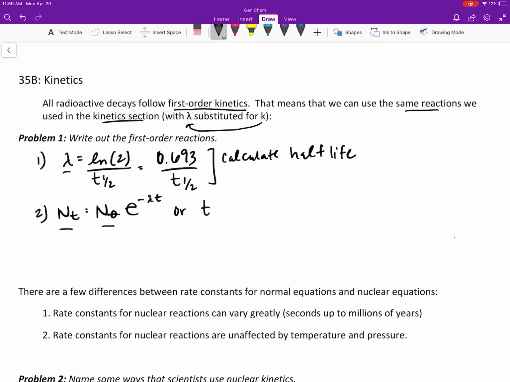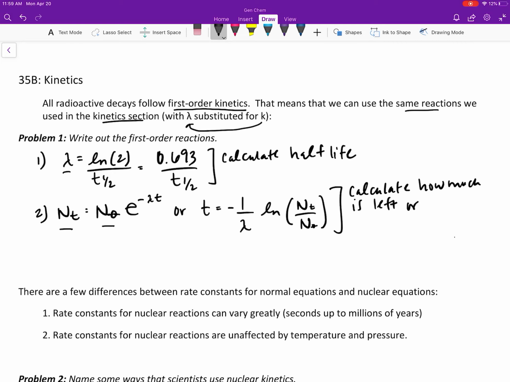This also translates into the following. I want to make sure I don't make any mistakes writing this down. So this could be used to calculate how much is left or how much time has passed.